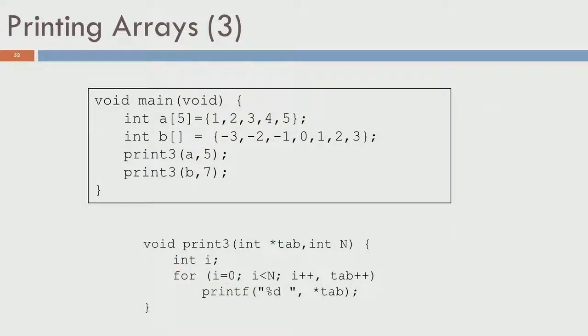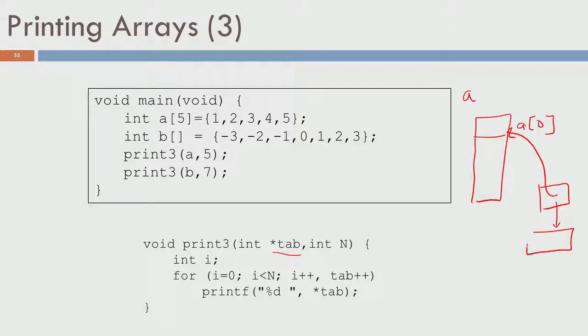Instead, we have tab which is pointing to a of 0. As before, we have a and this is a of 0 and a pointer to that is copied to tab when you call the function. So, tab is also going to point to a of 0 and star tab would be a of 0 first, and then this is running a loop n times.